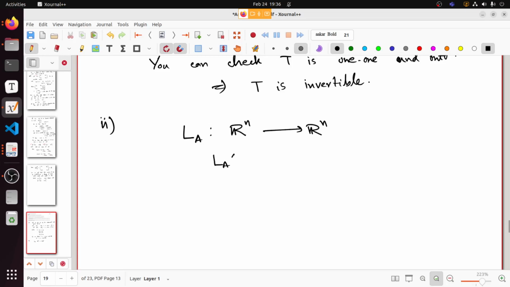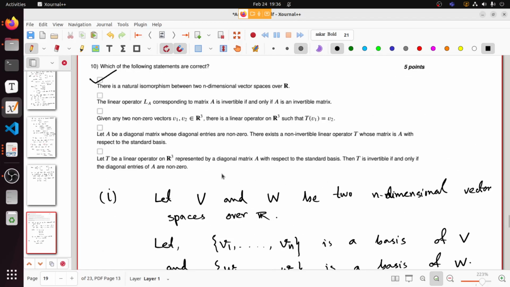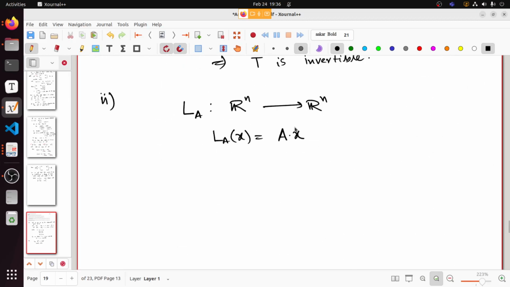LA of x is A dot x. This is the linear transformation LA, defined by left multiplication by A, right? Now you have to check that LA is invertible if and only if A is invertible. So if you write down the matrix of LA, it will be A.